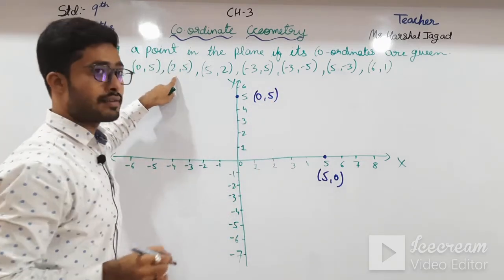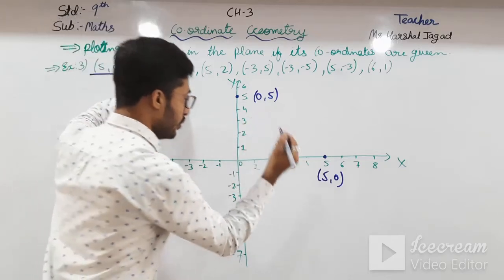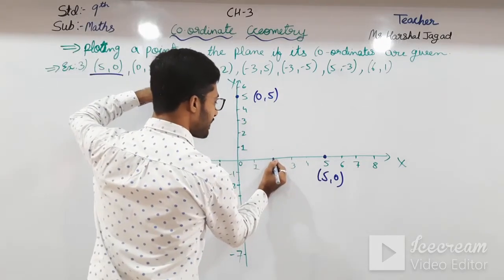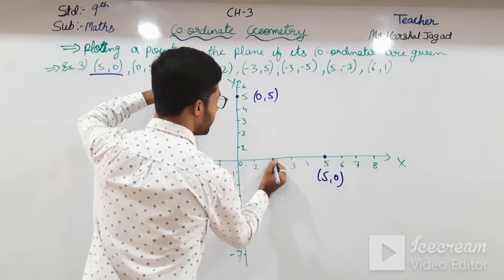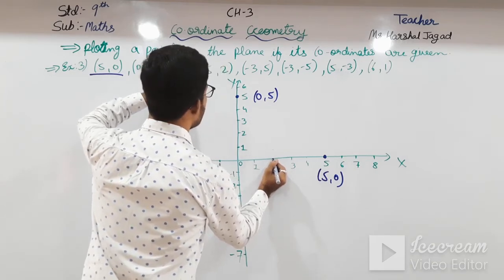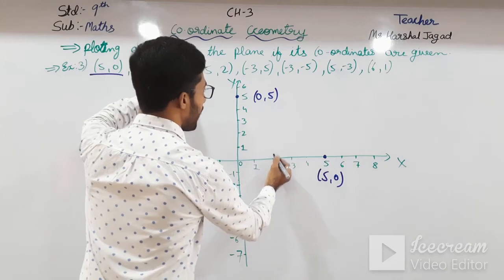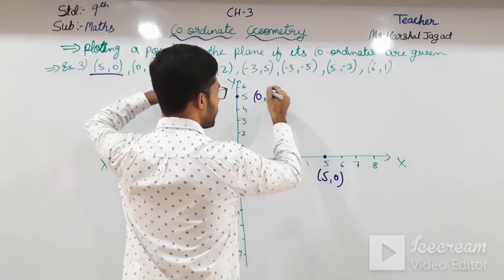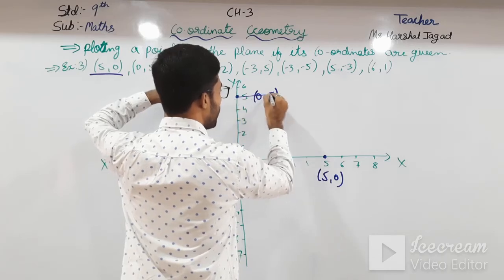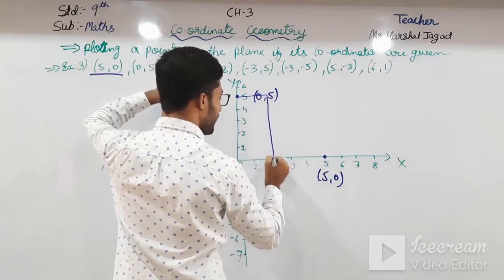Now another is, on the x-axis it is 2 and on the y-axis it is what? 5. It is 5. So it will be over here. This point will be over here.